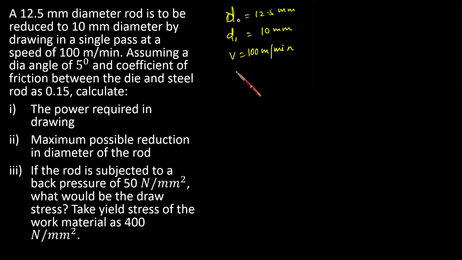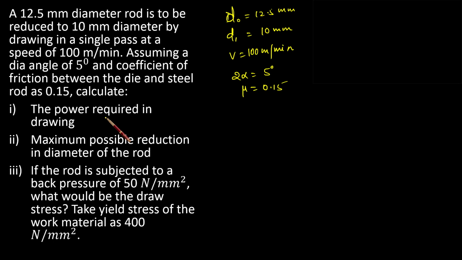Assuming the die angle, is it alpha or 2 alpha? 2 alpha is equal to 5 degrees. And coefficient of friction given, mu is equal to 0.15 between the die and the steel rod. Now he is asking about the power calculation. What will be the power?